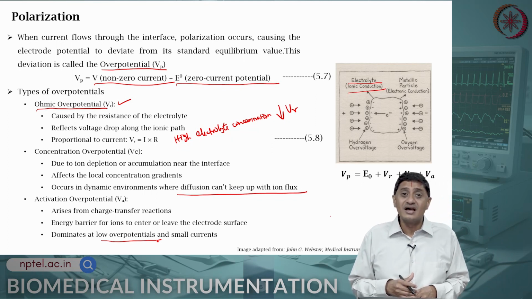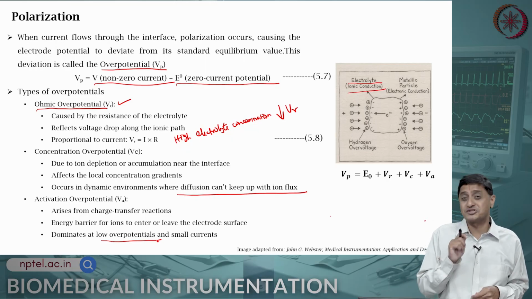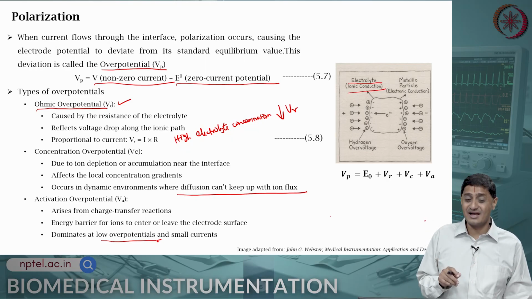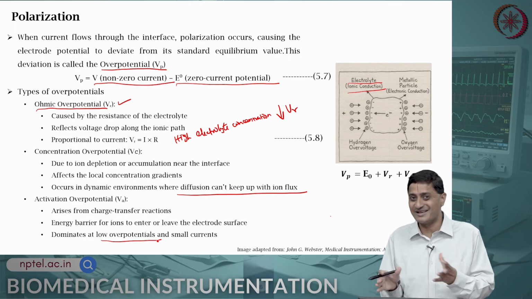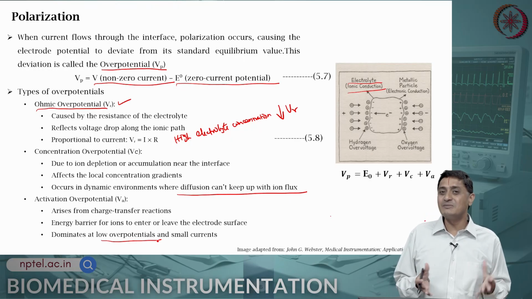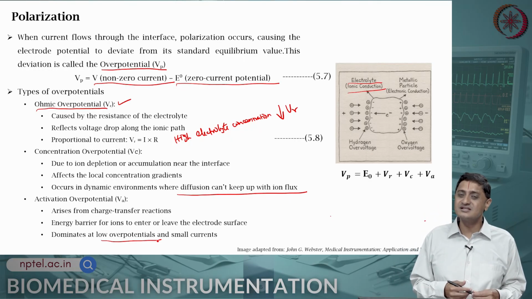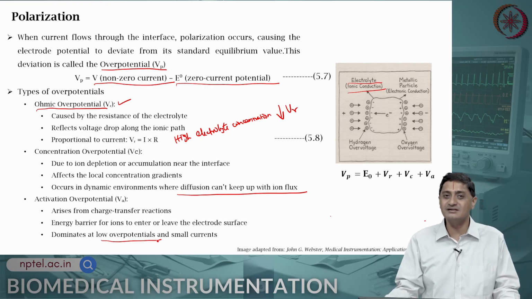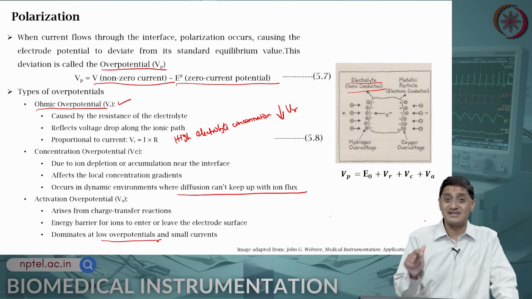Second is the availability or non-availability of ingredients, that is the concentration over potential. How much of an ingredient I have depends on its availability. Third is how fast you can make a dish, that is a process barrier.